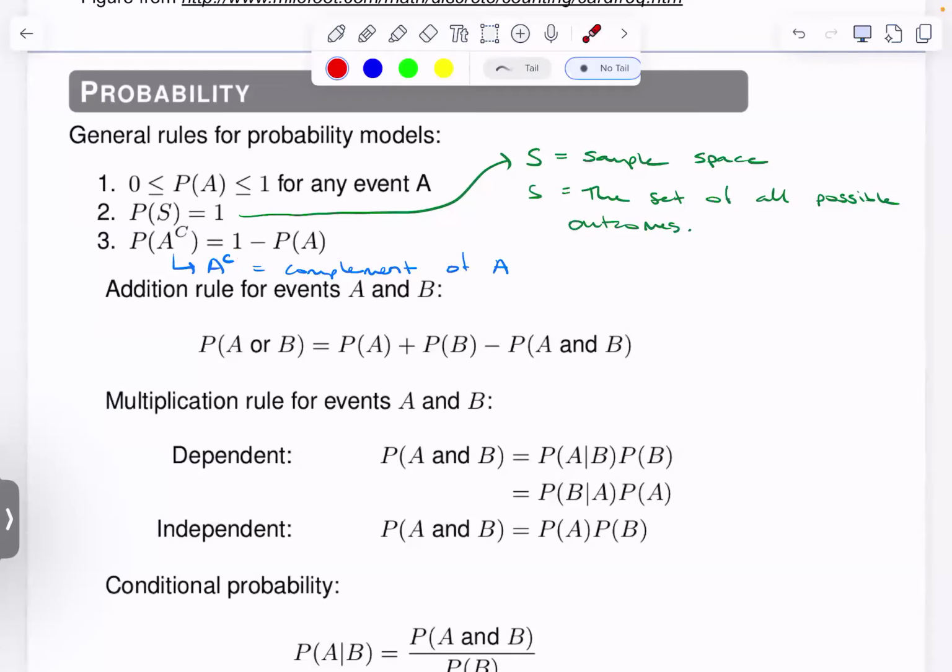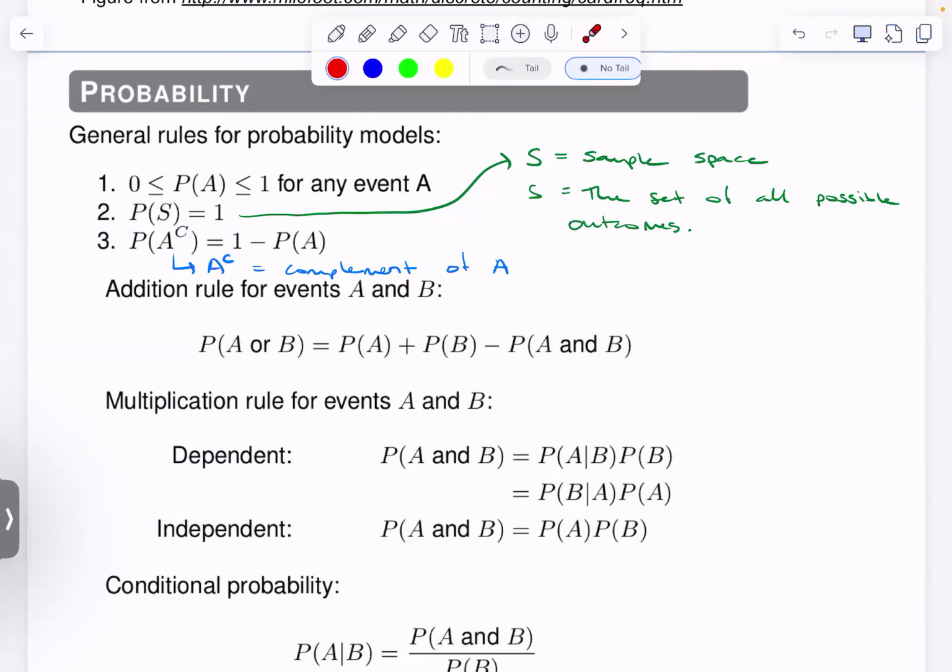Because there are only two possible outcomes, pass or fail. It's not as high as 20%, don't worry, but I wanted some easy numbers. What you do in your head, without calling it the complement rule, is take 1 minus the probability of the outcome happening, and that's the probability of the complement. The complement is really just the opposite.